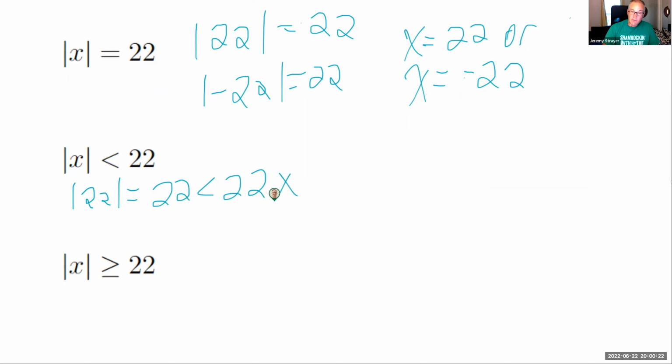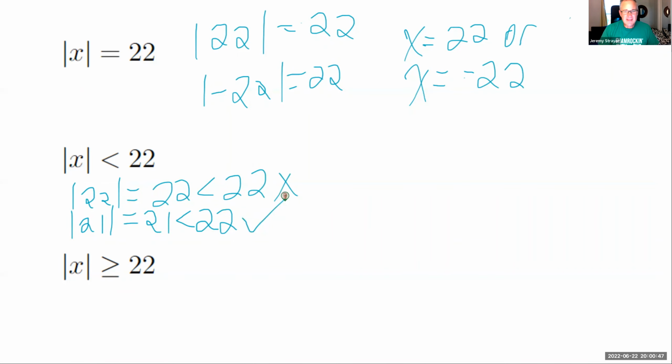And the answer is no. So putting in x equals 22 does not make that inequality true. A value that we could put in for x is maybe 21, right? Absolute value of 21 is 21, and that is less than 22, check. So this one's wrong, but this one checks out.